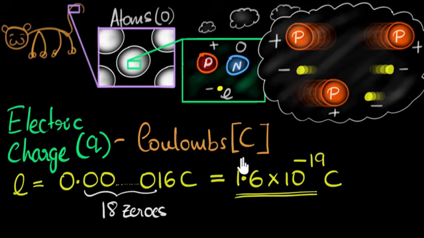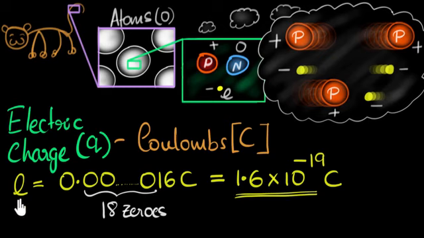Now, since coulomb is a brand new unit for us, it would be nice if we could get some sense for how big it is. Just like how we have some sense for what a kilogram is, or how big 1 meter is, it would be great to have some sense for how big a coulomb would be. So to do that, here's how I like to think about it.